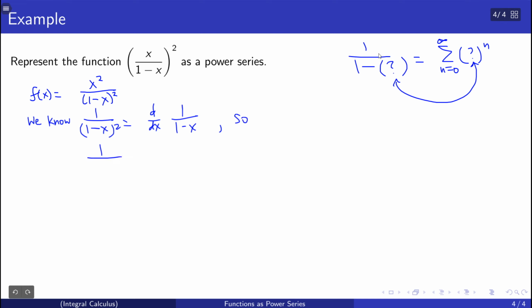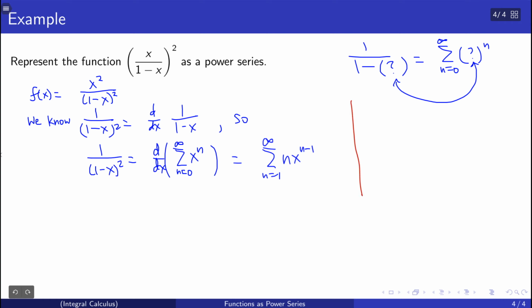And so, as a power series, you can do this. Right, these two are the same thing, where it's convergent. And this is now sum n equals 1 to infinity of n x to the n minus 1. Right? I'll do it step by step here.